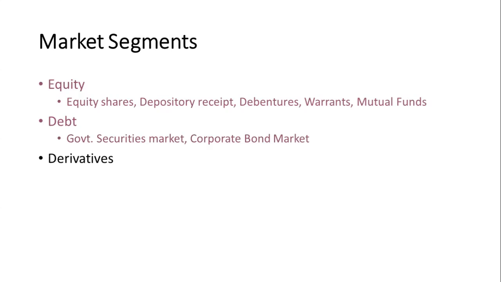For example, A security and B security: the return of the A security is derived from the B security. That security is called a derivative. A derivative is a product whose value is derived from the value of one or more basic variables, called the basis. That basis may be an underlying asset, an index, or a reference rate.